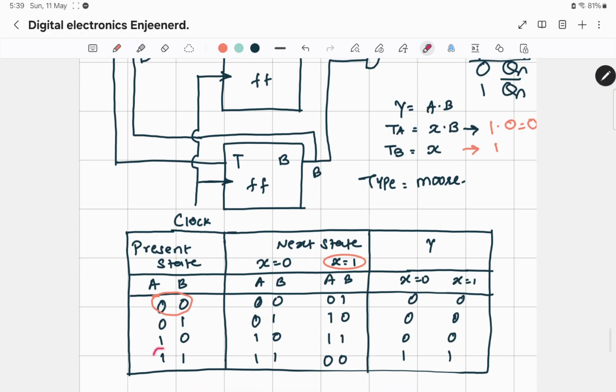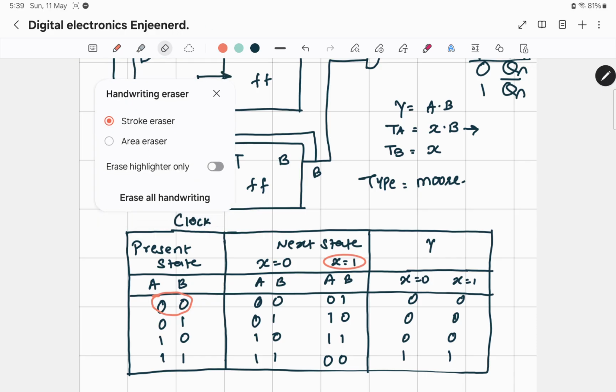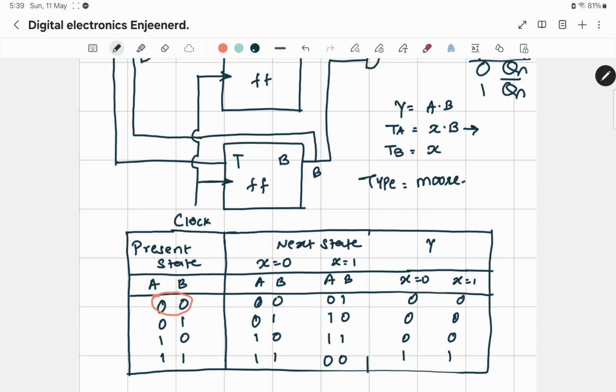Let's do one more. For AB equal to 1 1, with X equal to 0 and X equal to 1, let us find these two values. So I'll erase the previous one. Okay, so we are solving this.